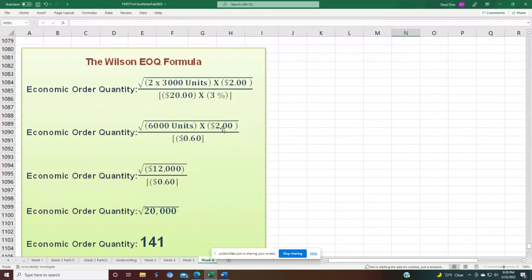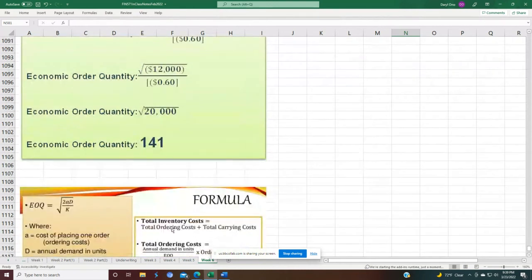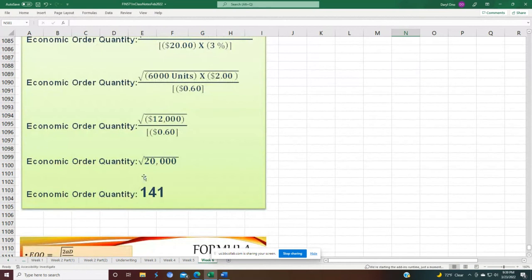So 6,000 times 2 divided by 0.6, take the square root of that number. Every time you place an order, how many items should you order in this case, based off these parameters? Okay, 141 units. Every time you place an order, you should order 141 units. Any questions?